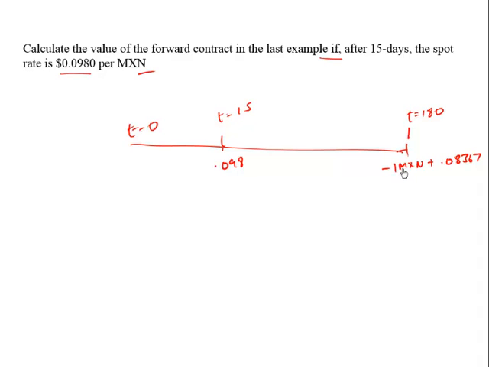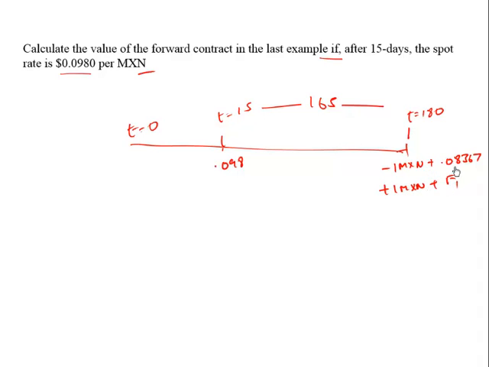He's already short some Mexican peso. It could have been 1, it could have been 10,000. So to extinguish the contract, what does he need to do? He needs to long a 165-day forward on the Mexican peso. So he now needs to long 1 Mexican peso at the new forward rate.